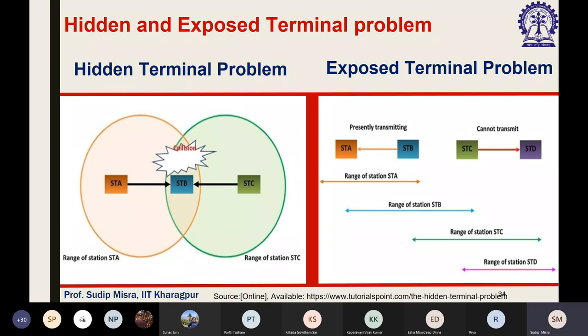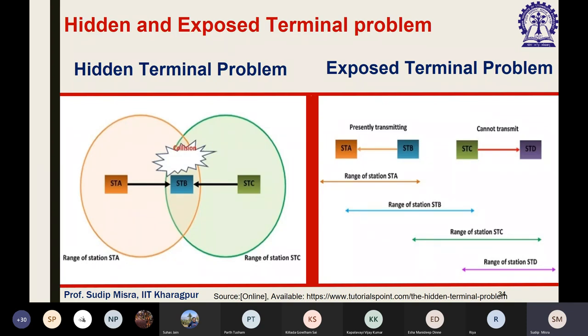In the exposed terminal problem, you have stations A, B, C, and D like this. Let us say that B is transmitting to A, and C is transmitting to D. But B and C are in the range of each other. Because of this, one will be exposed to the transmission of the other.